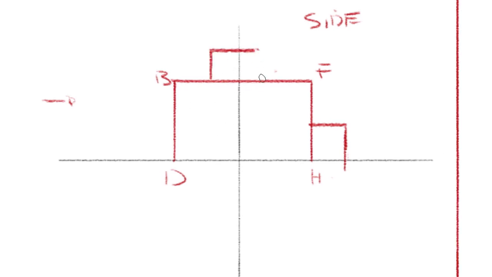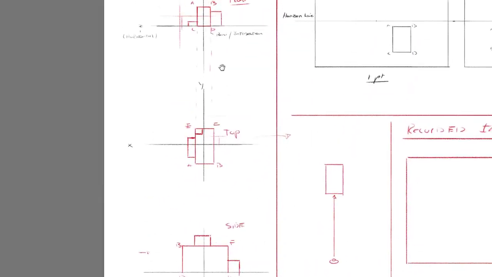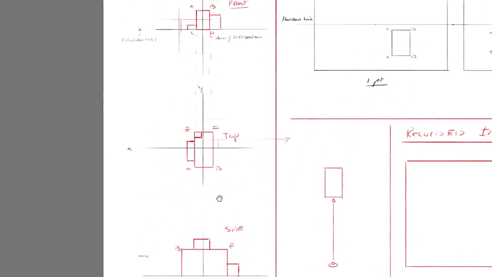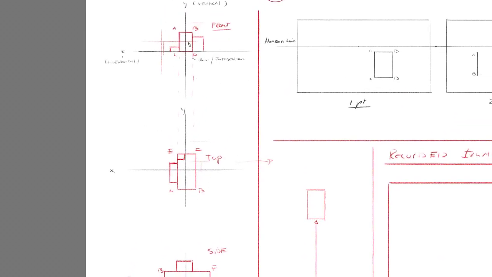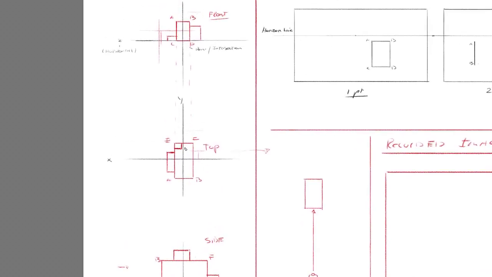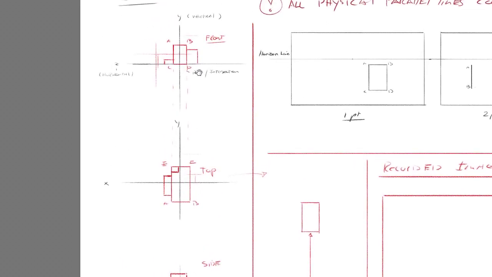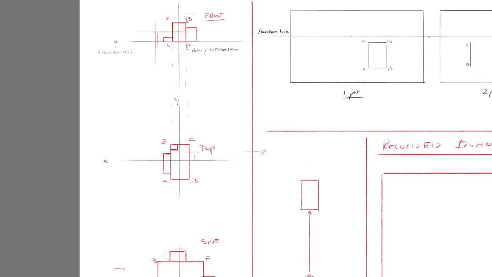So what I didn't do was do all the changes on the same thing. So let's say these are different rectangles. If this was the same rectangle, like I intended it to be, then for the side view, at the top, or the front view, this little section would be added.